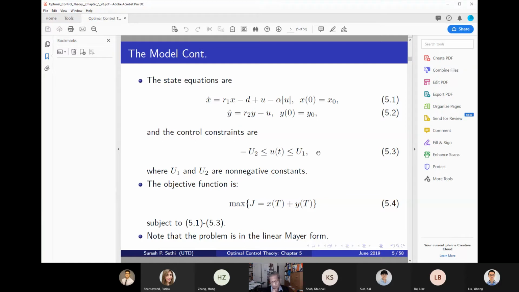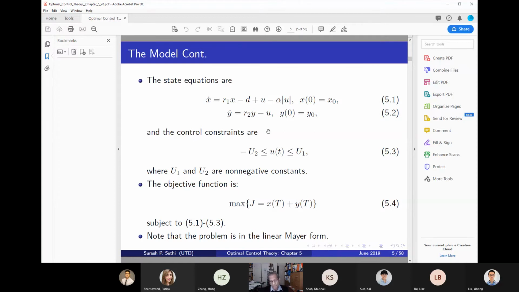And the objective function, there are many ways you can write it. But one simple way to say it is that I am doing pretty good if my end wealth is as large as possible. Because in the end, I will have xT and yT. So if I can maximize this, then whatever I'm doing, I'm doing good.